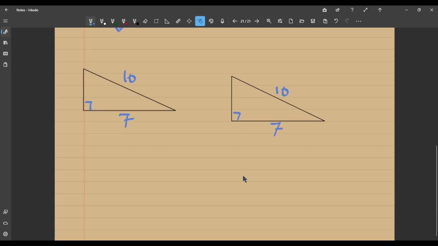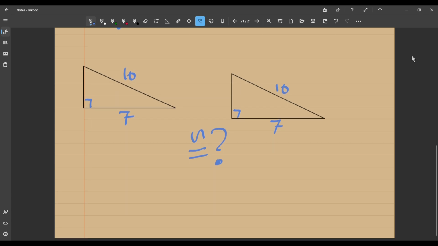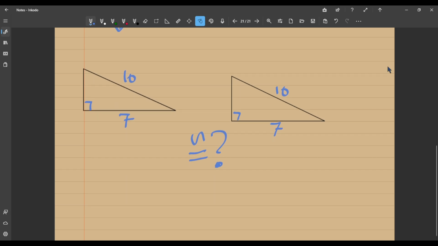So if I have this much information, can I conclude that these two triangles are congruent? Think about this. You can mention in the comments whether this problem is easy or not, if you have thought about it and you have the answer.